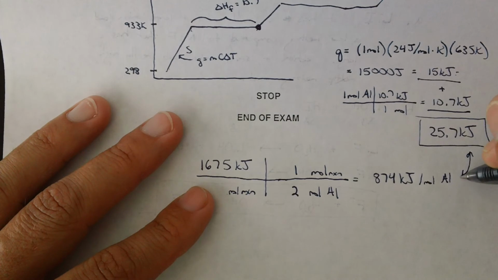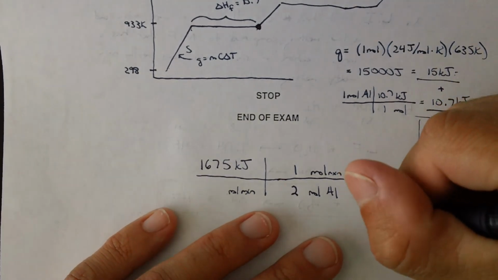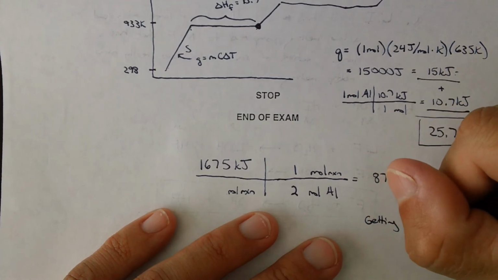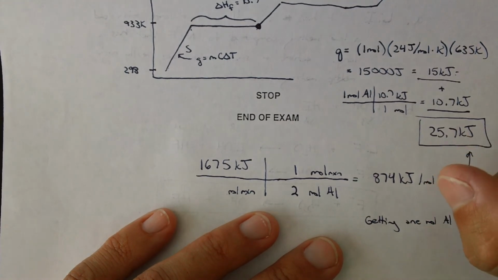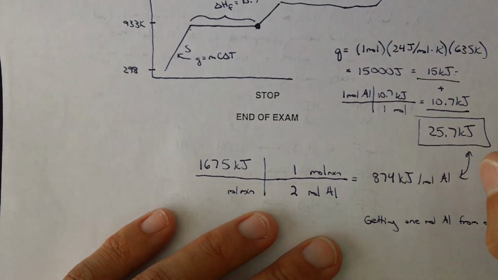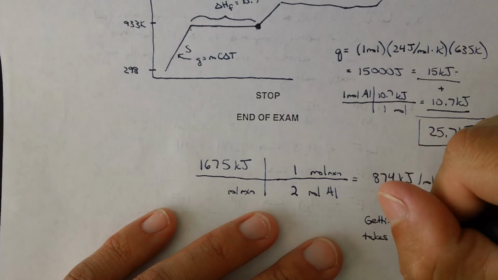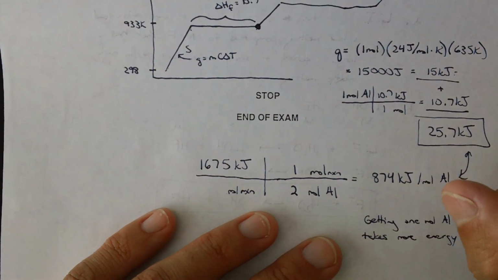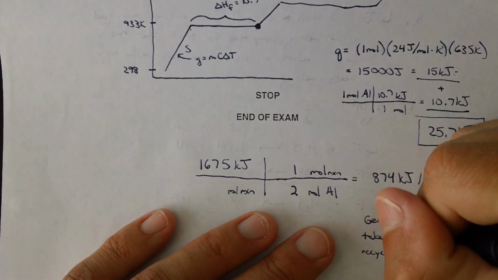And then I'm comparing those values. And I would write a little sentence: getting 1 mole of aluminum from ore takes more energy than recycling.